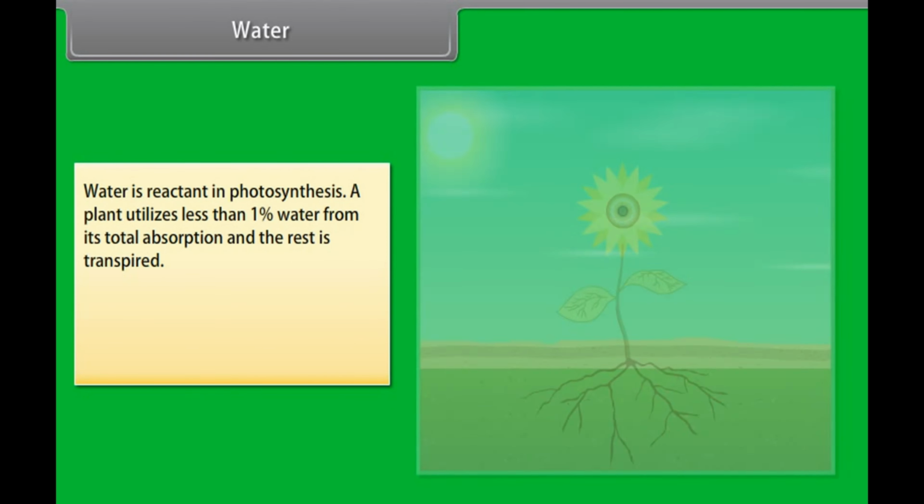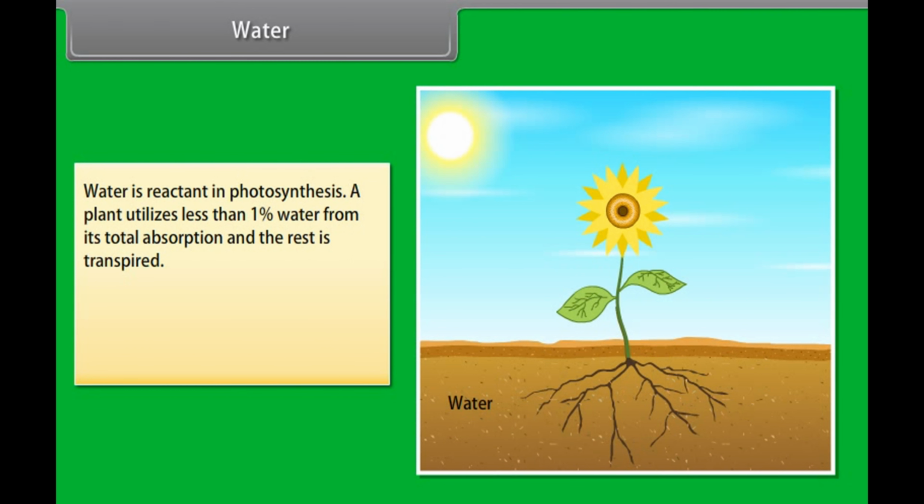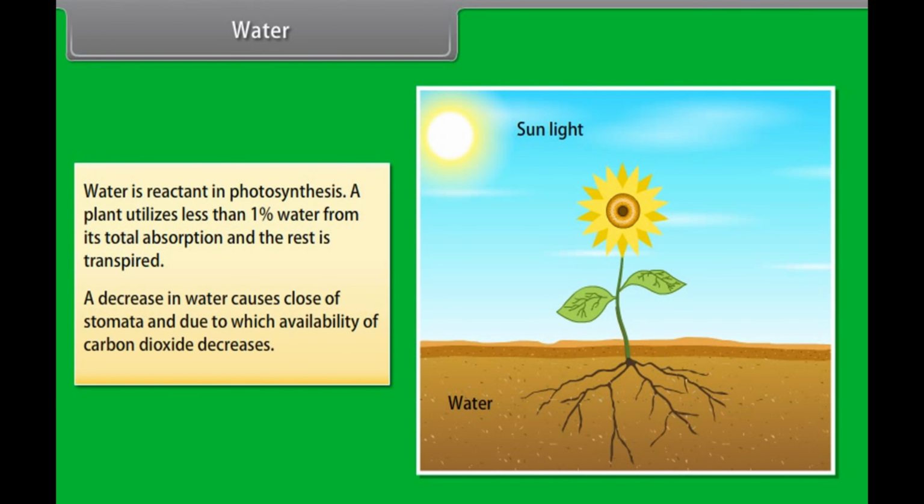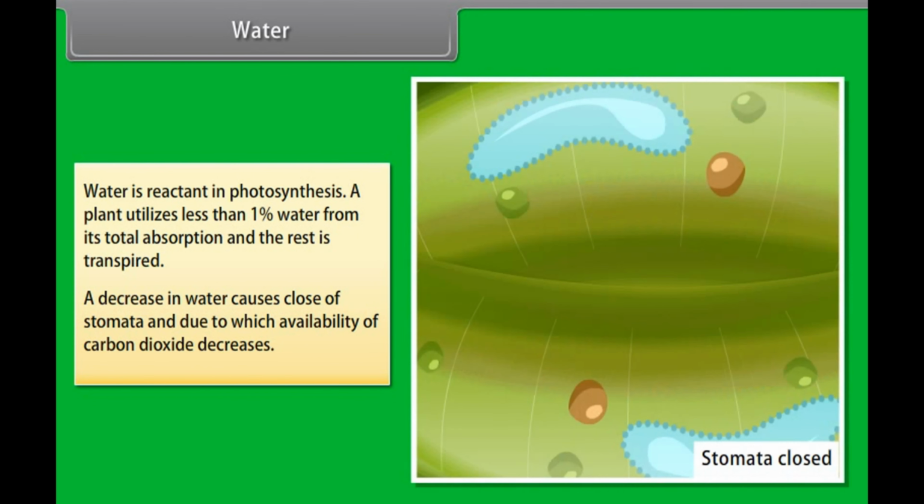Water. Water is a reactant in photosynthesis. A plant utilizes less than 1% of the water it absorbs, and the rest is transpired. A decrease in water causes closing of stomata, due to which the availability of carbon dioxide decreases.